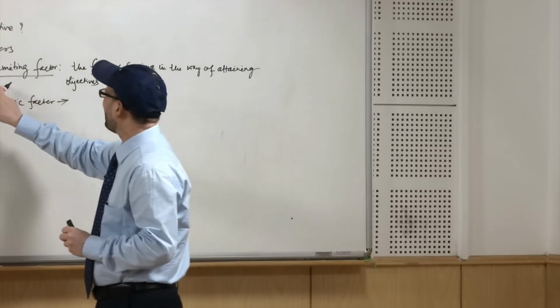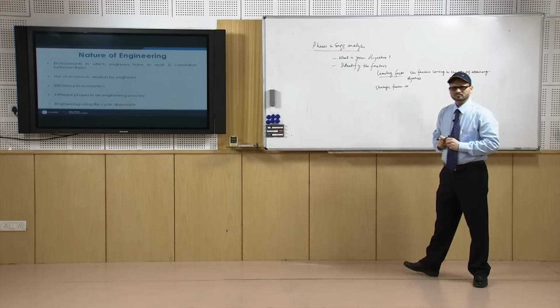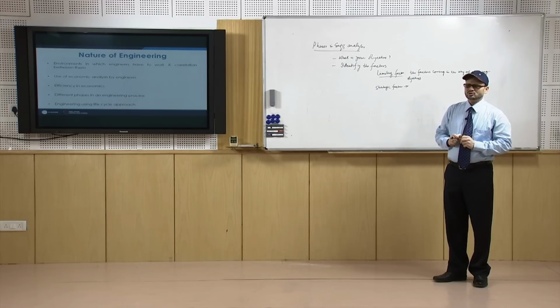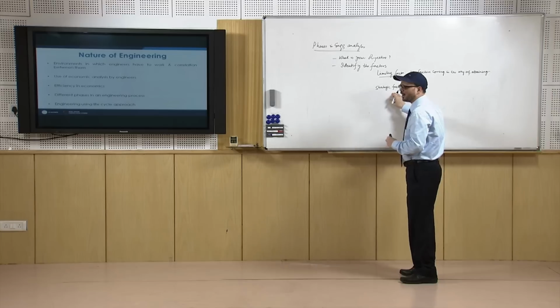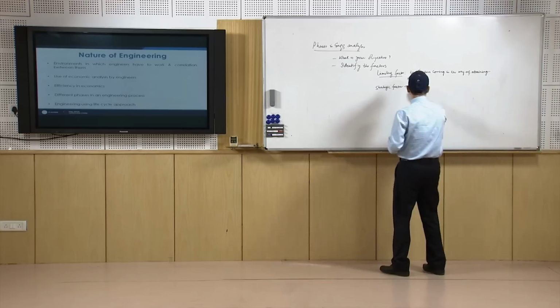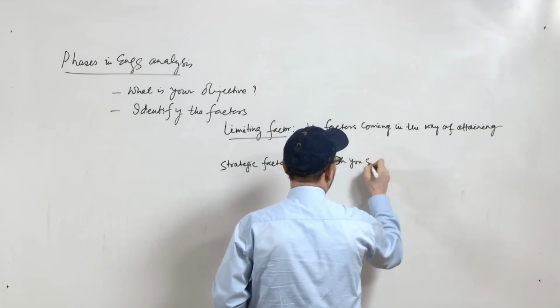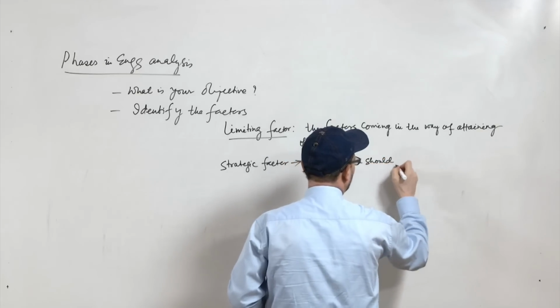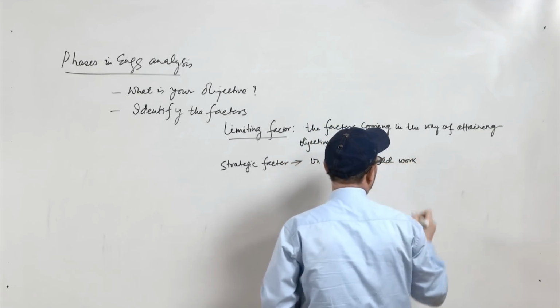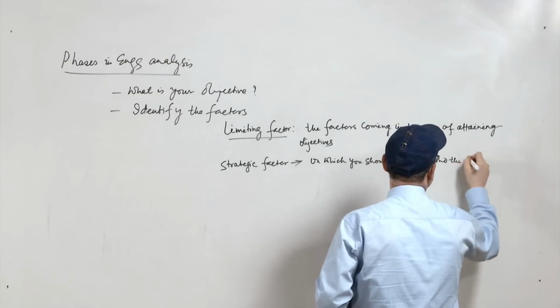Now, once you have located the limiting factor and further the strategic factors, ultimately you came to a point where you know the strategic factors on which you should work to achieve the objective.